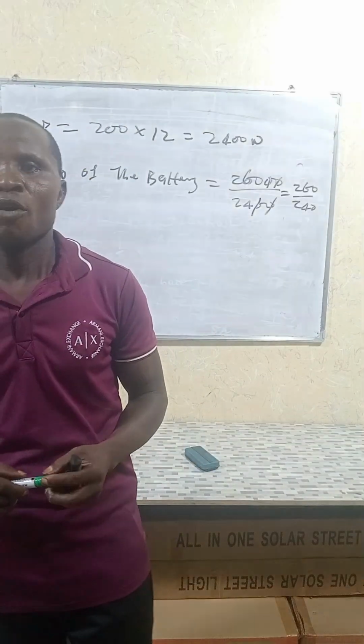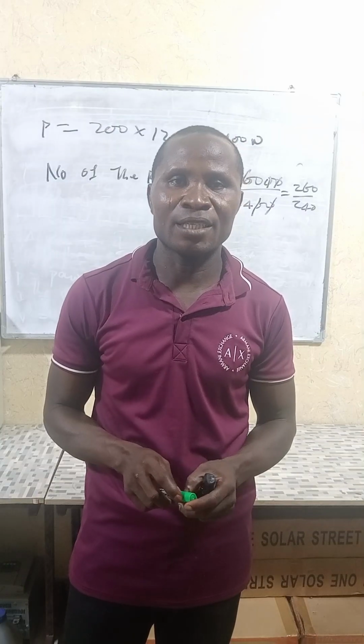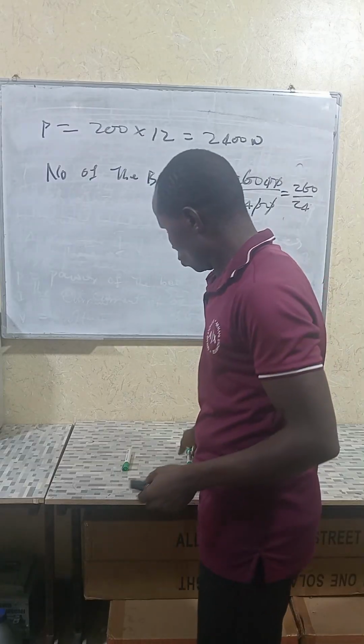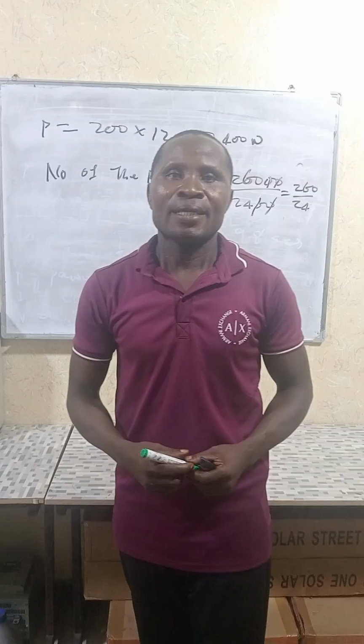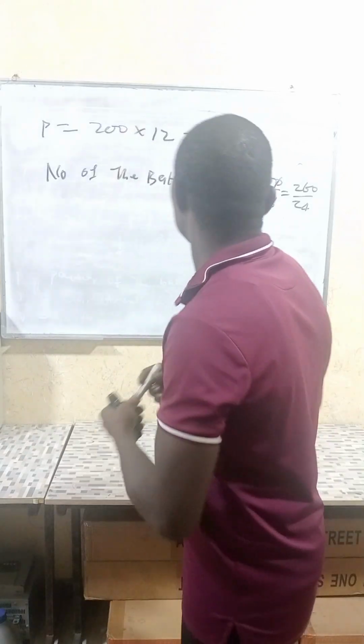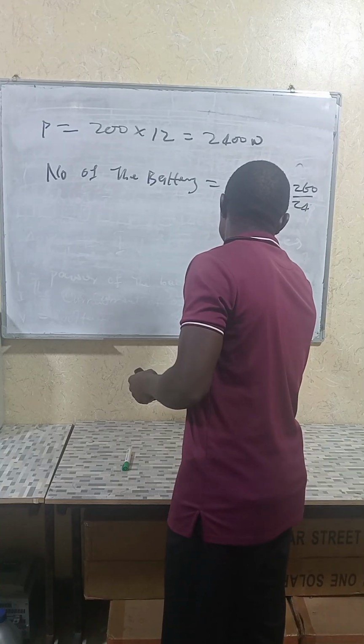So the number of batteries is what? Total battery energy over what? The individual energy. So what I'm saying is that the number of batteries is equal to the total battery energy divided by the individual battery energy. The individual battery energy is 2,400, while the total battery energy is 26,000. So 26,000 divided by 2,400, it gives you 10.8.